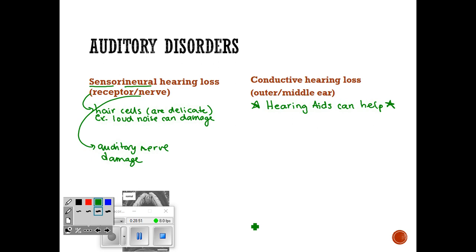So this might be, if we think about your outer or middle ear, something like a blockage in the canal. This could be something like ossicle damage. This could be something like eardrum damage.